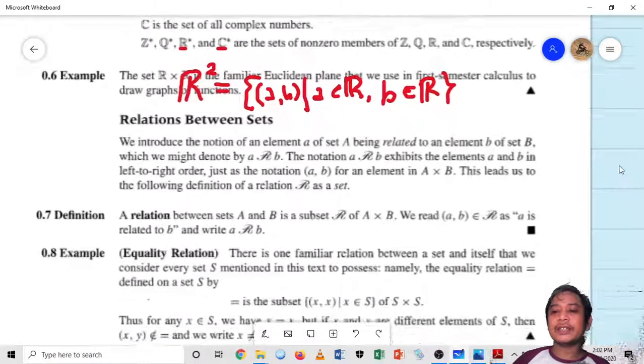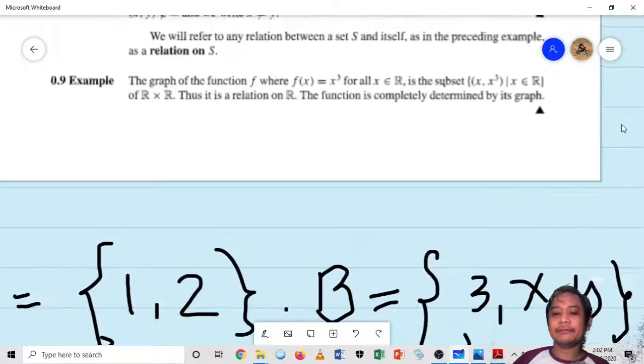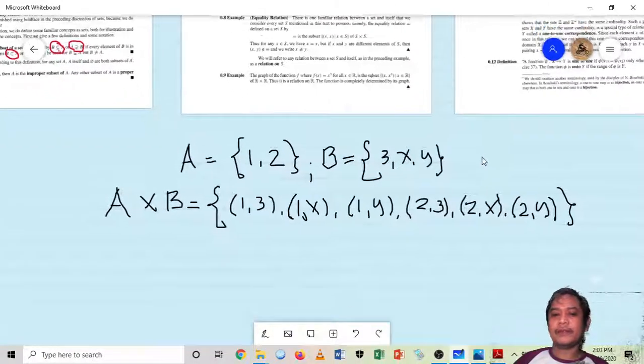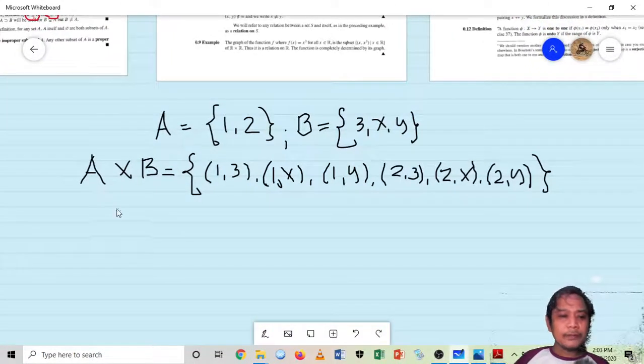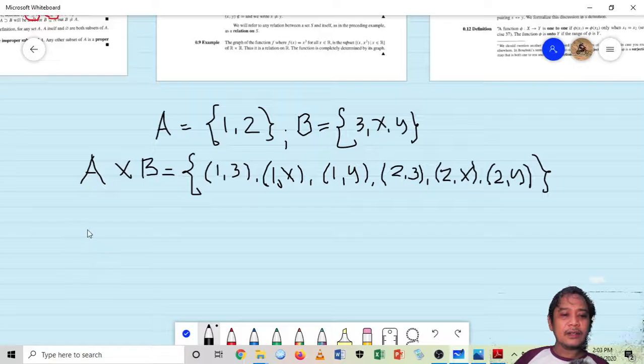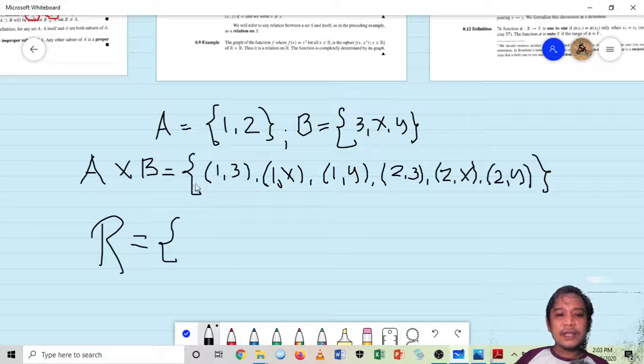Okay, let us go back to our earlier example. So we see here that the cross product A cross B has the elements 1, 3, 1x, 1y, 2, 3, 2x, 2y. So suppose we define a relation R. But as I've said, a relation is a subset of the cross product.